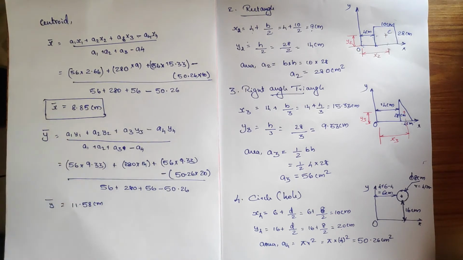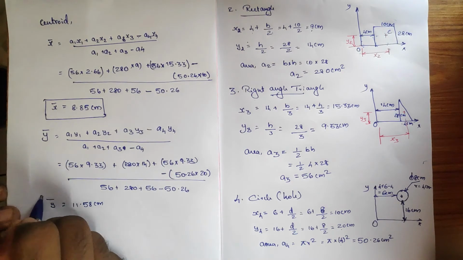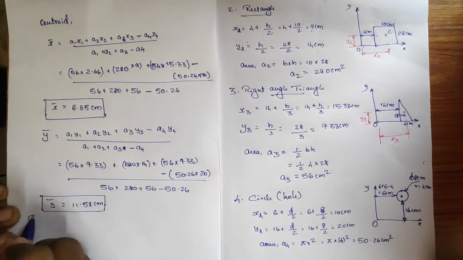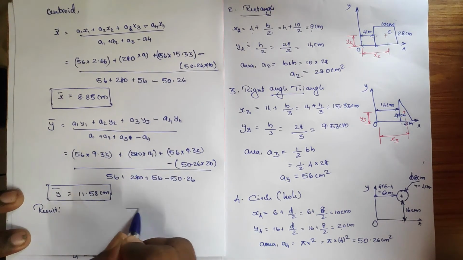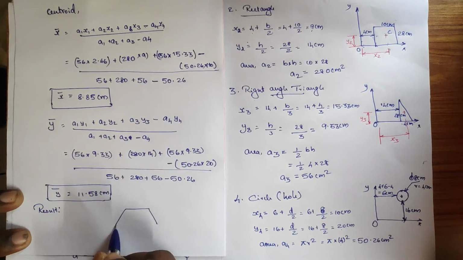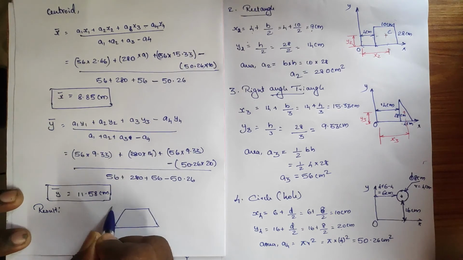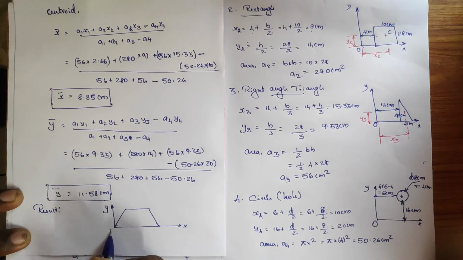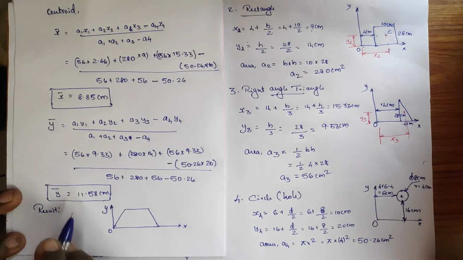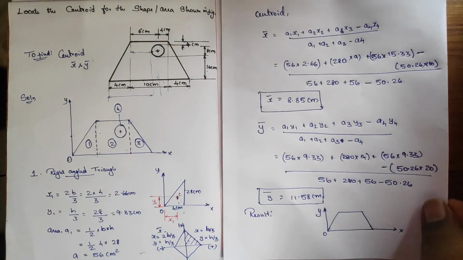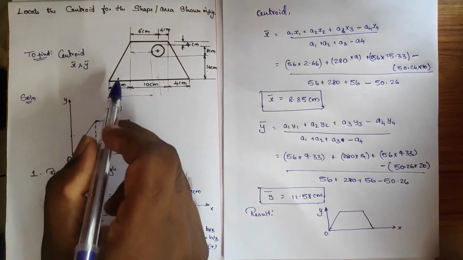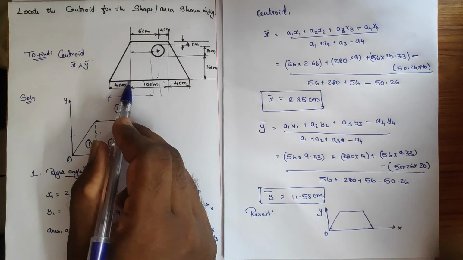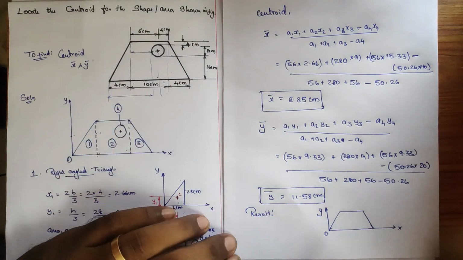So after completing x bar and y bar, just make the result. Okay, result. How will you plot the result? So this is how the diagram is, right? So this is the y-axis and this is the x-axis and this is O. So now 11.58 for y and x 8.85. So actually this right angle triangle is 4. So greater than this you can mark the y-axis.